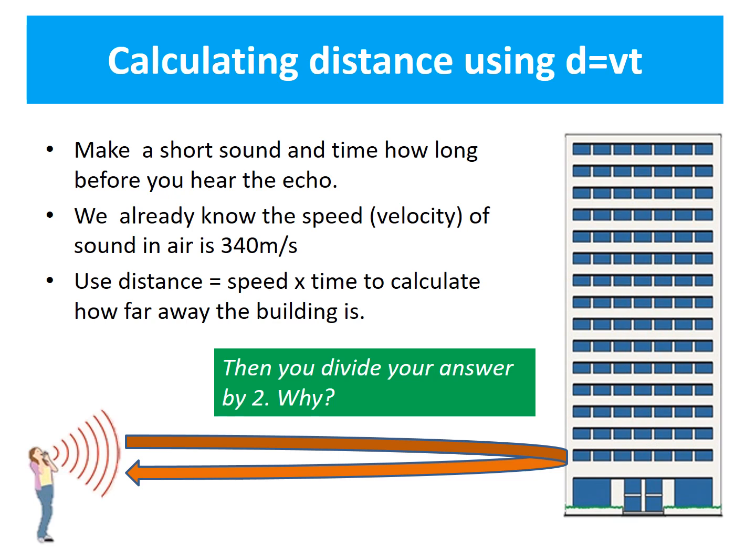So we use the formula distance equals speed times time to calculate how far away the building is. But then we divide our answer by 2. Why are we dividing our answer by 2? Look at the diagram below. Can you think of it now? Hopefully you realize that the wave has got to get there and back.